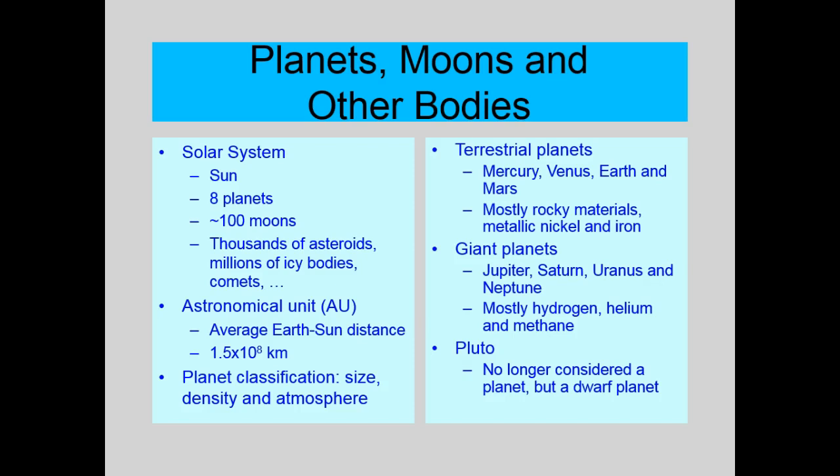Now, we classify our planets several ways. One is by size, and we're going to talk about them here. Density, we're going to talk about that a little bit too. That's also in there. Atmospheres, yeah, that's important, okay? And what they sort of left off was constituent. What are they made of, okay? That's part of density, but that's not all of it.